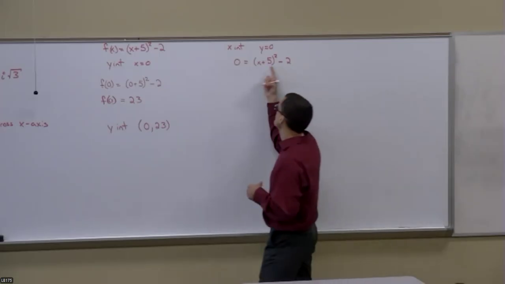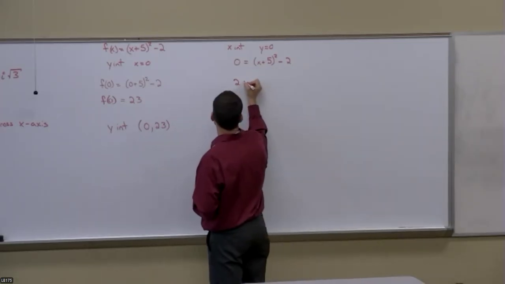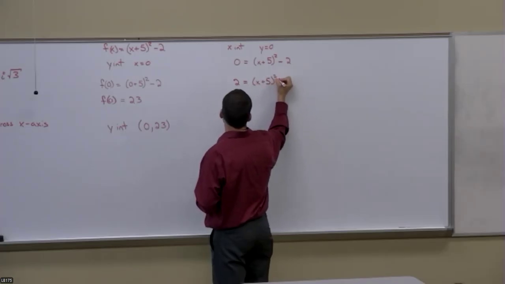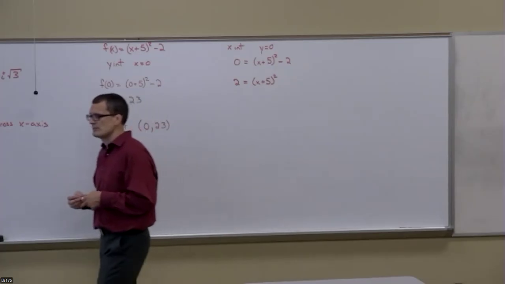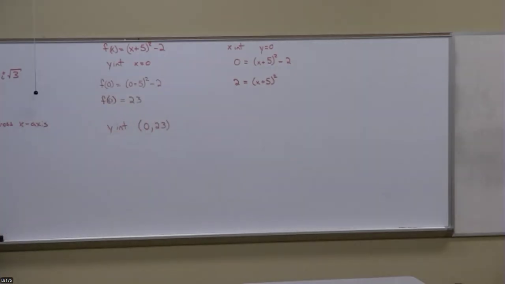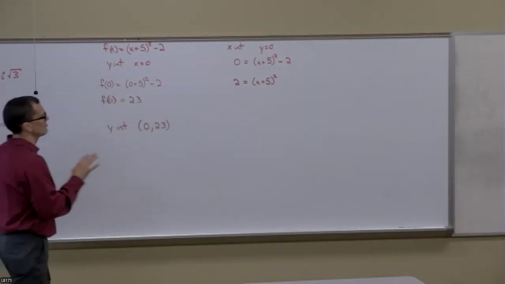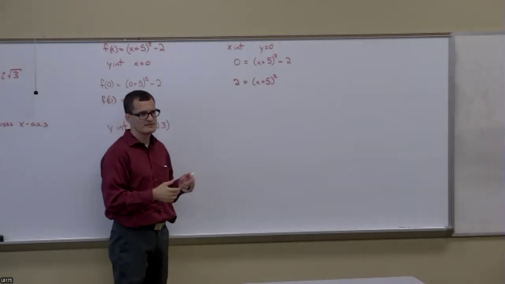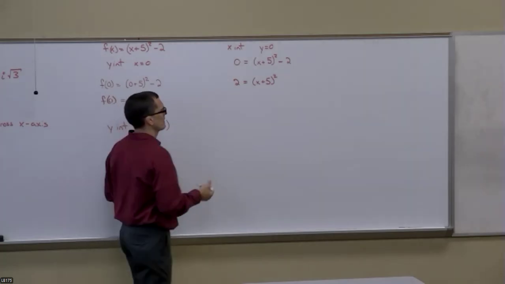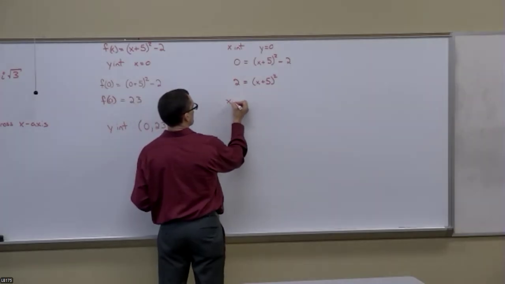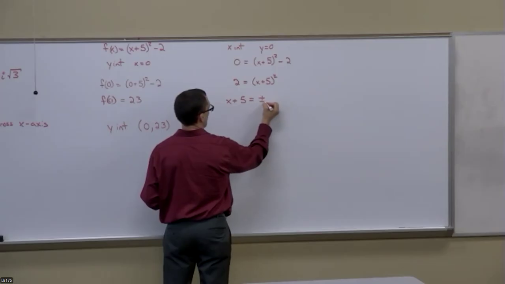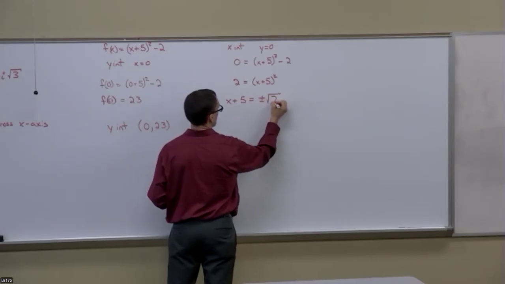I would add 2 to both sides. And then I'd take a square root, making sure to take the positive and the negative square root. I'll probably flip sides when I do that, just because I'm used to seeing my variable on the left. So x plus 5 is equal to either the positive or the negative of the square root of 2.